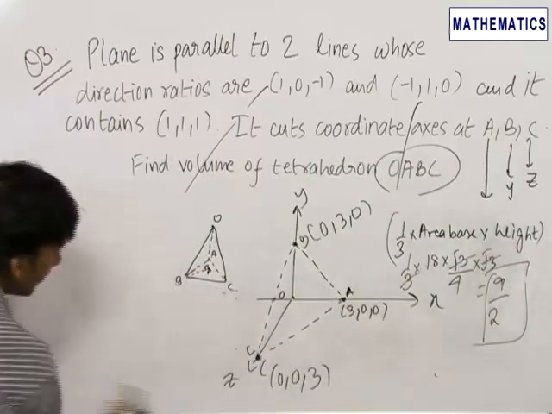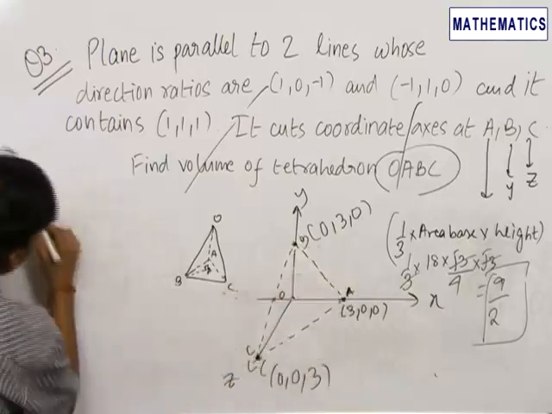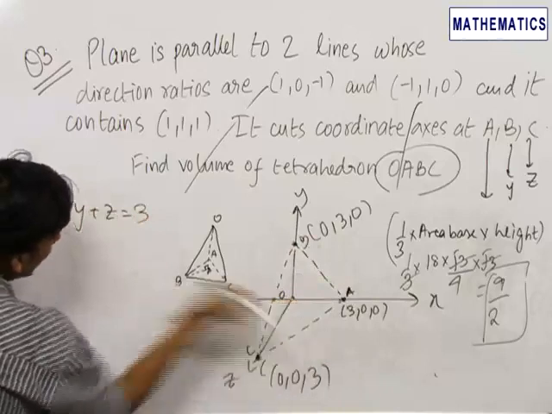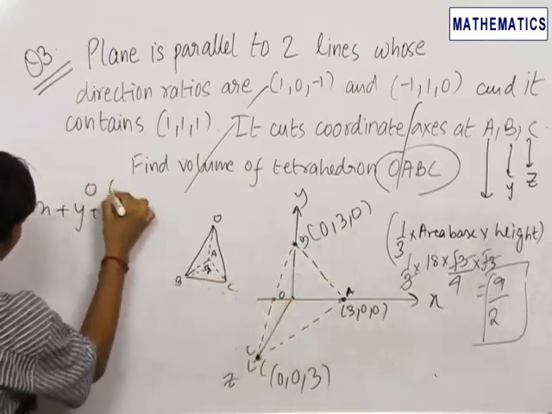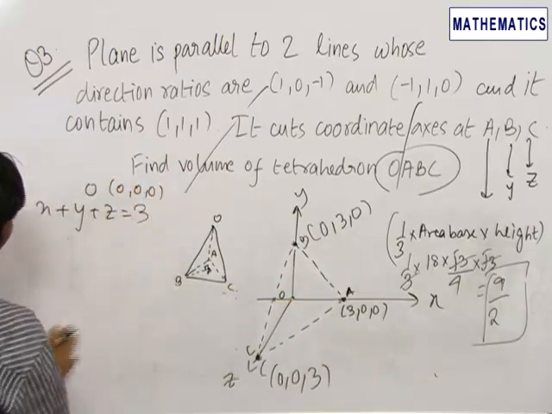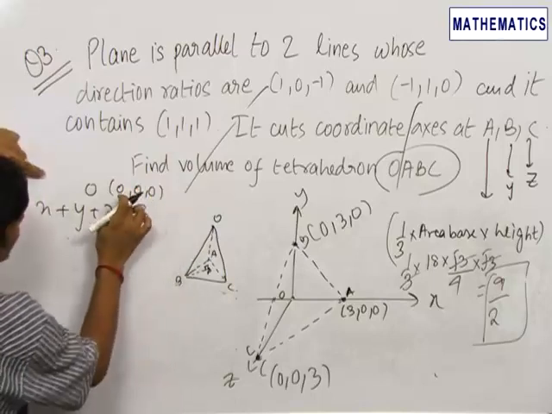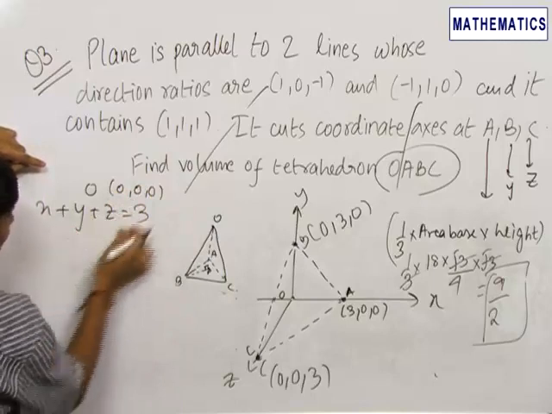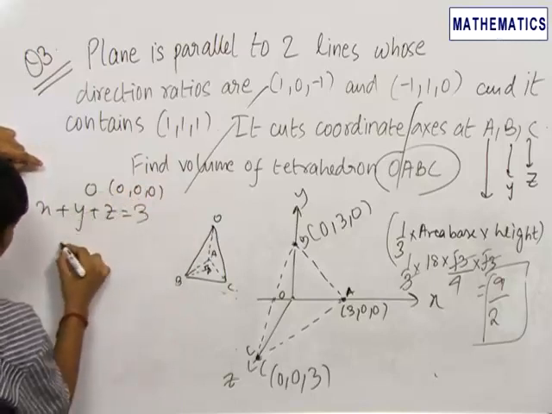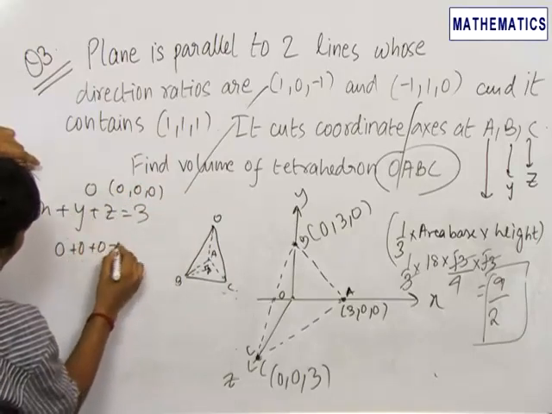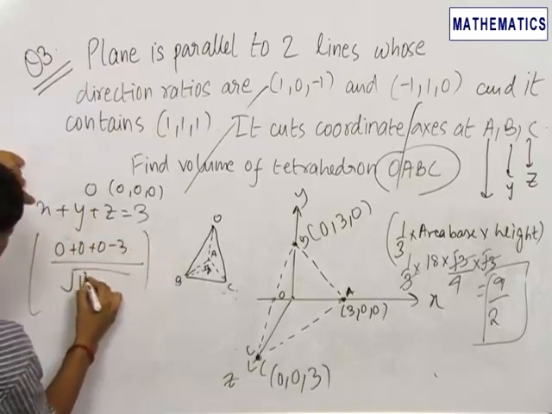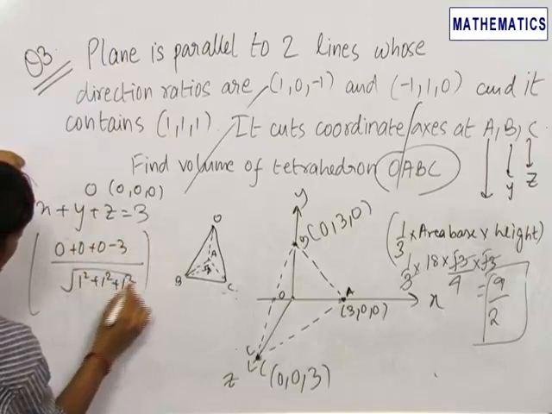You could have done it easily also. We know that the equation of this plane ABC is x plus y plus z is equal to 3, and this point O is the origin, that is O is (0, 0, 0). We need to find the perpendicular distance of this point from this plane, which can be easily found by putting in the values: 0 plus 0 plus 0 minus 3 upon root over coefficient of x whole square plus coefficient of y whole square plus coefficient of z whole square.